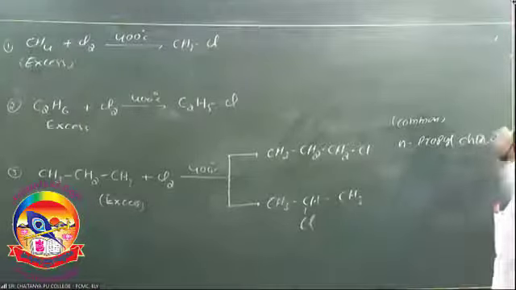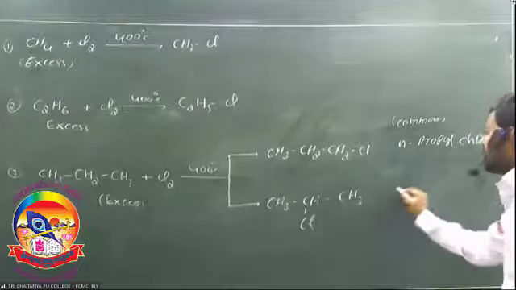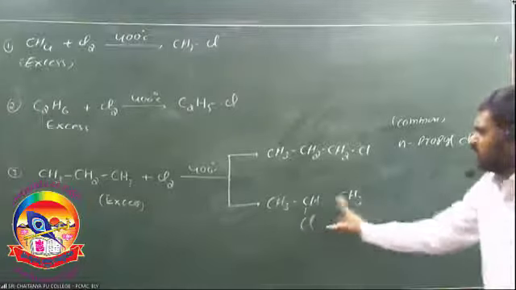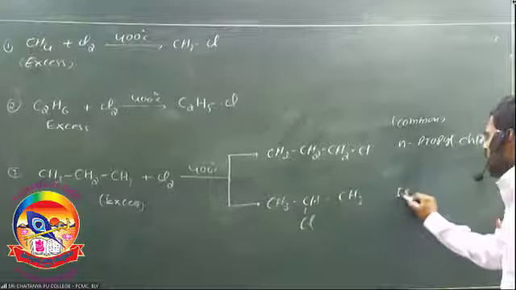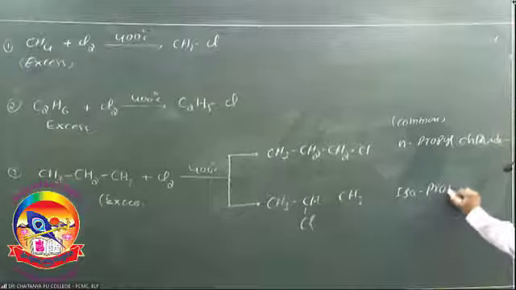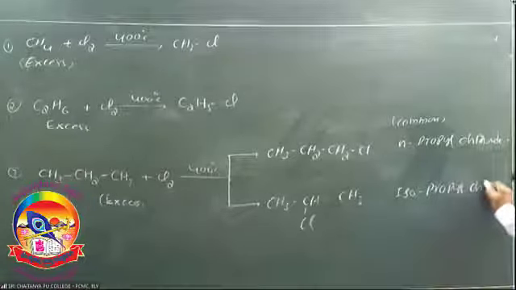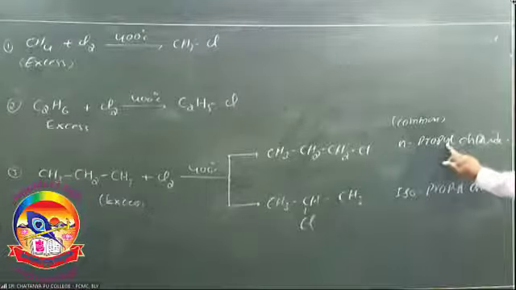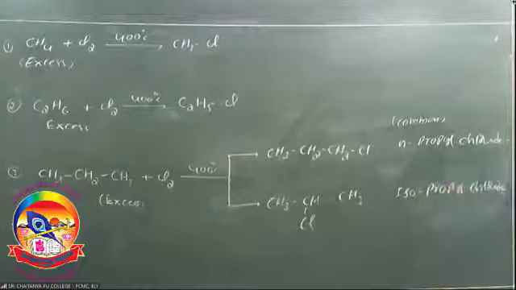For the second, this CH is attached to 2 methyl groups, so the common name is isopropyl chloride.